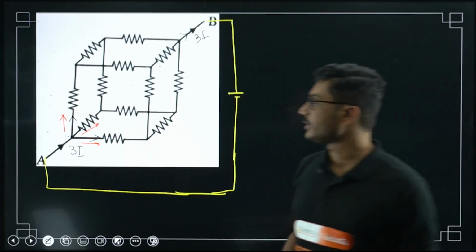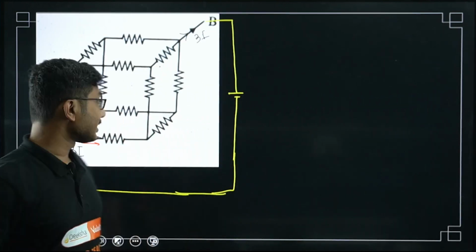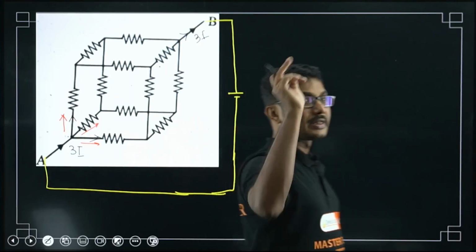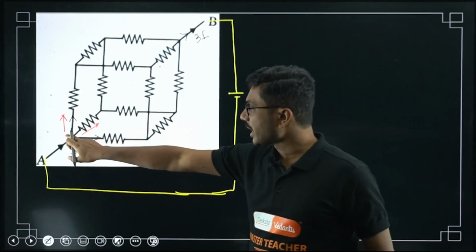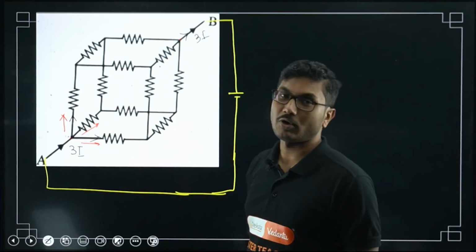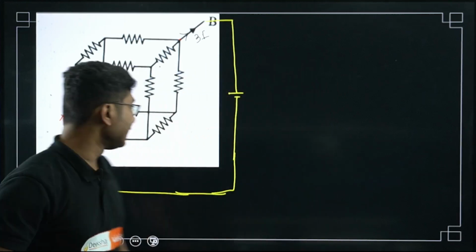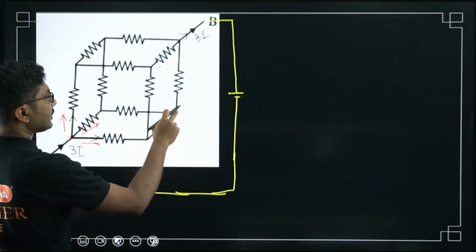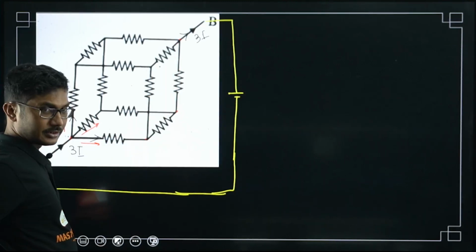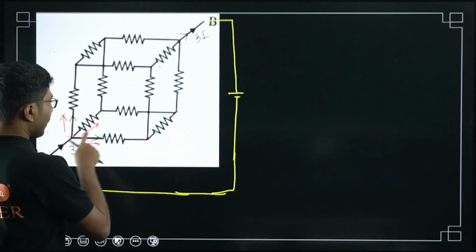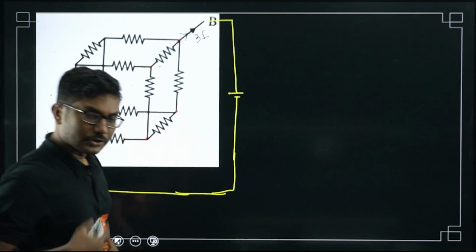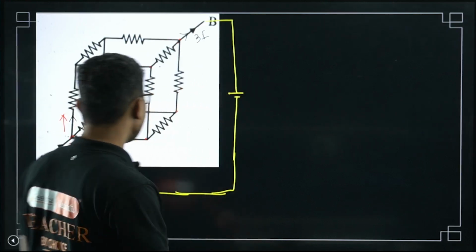You have to check that. Equiresistive means the number of resistances to reach from here to here is the same or not. So first of all, let's see this path. 1 resistance, 2 resistance, 3 resistance. 3 resistors, again 1, 2, 3. So this is an equiresistive path.